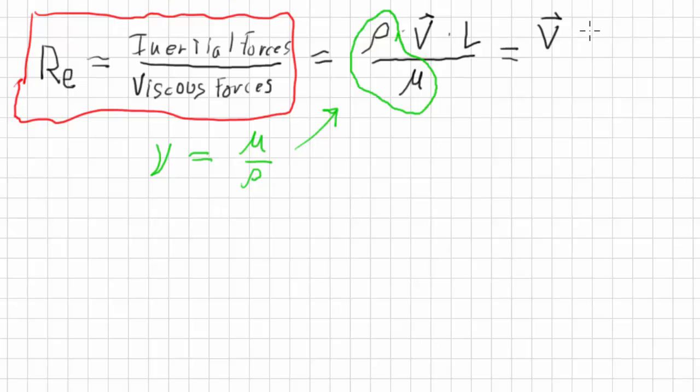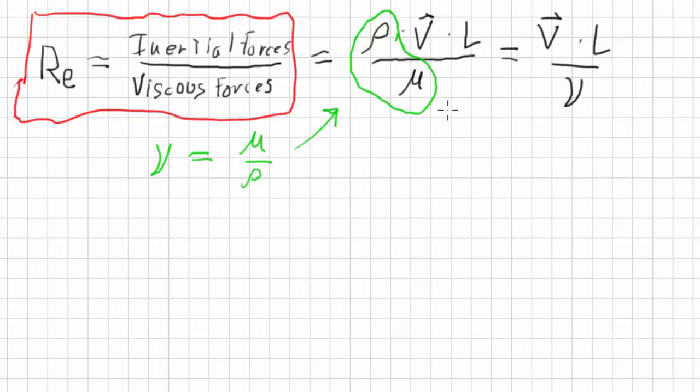And we can take that, plug it in here, and we get the velocity of the flow times this characteristic length, all divided by the kinematic viscosity. Now, if possible, I would recommend using this formula, especially if you know exactly what the fluid is, because the kinematic viscosity is well documented for a particular fluid at a particular temperature.